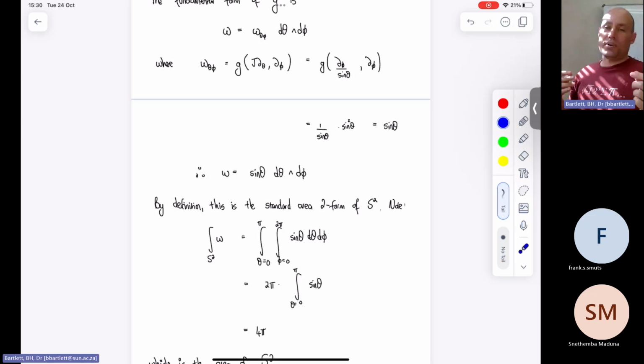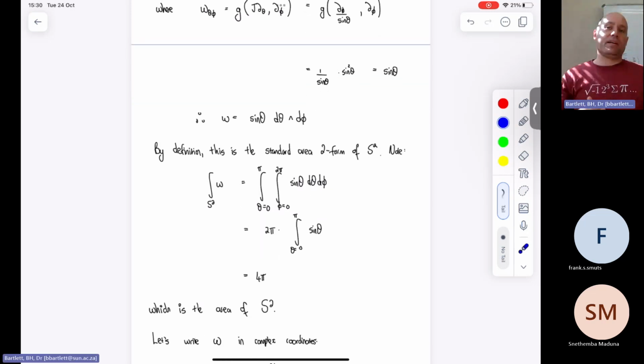I do have a z coordinate on my two-sphere, which we'll go into in a second, but theta and phi aren't the real and imaginary parts of z. They're rather just some nice coordinates that I like to have on the two-sphere, but they're not actually the real and imaginary parts of the holomorphic chart.